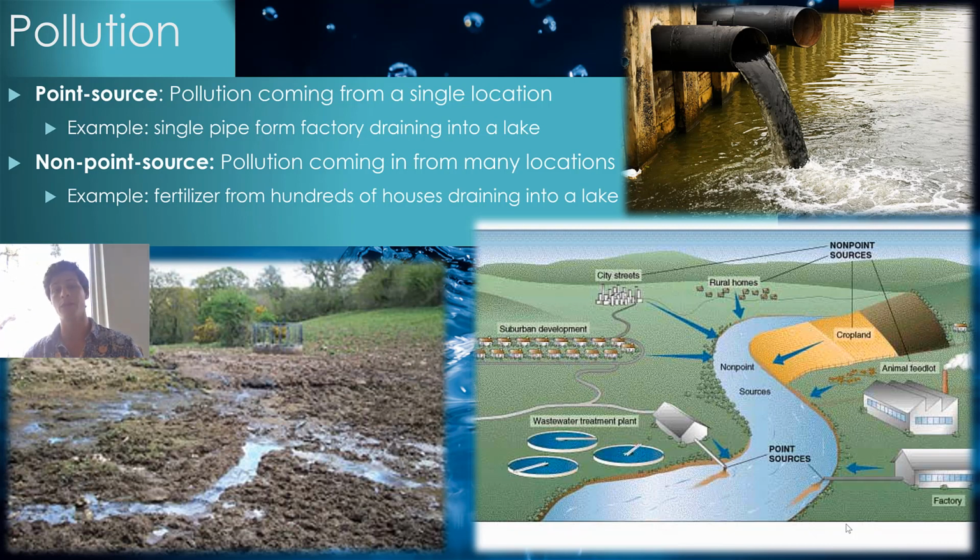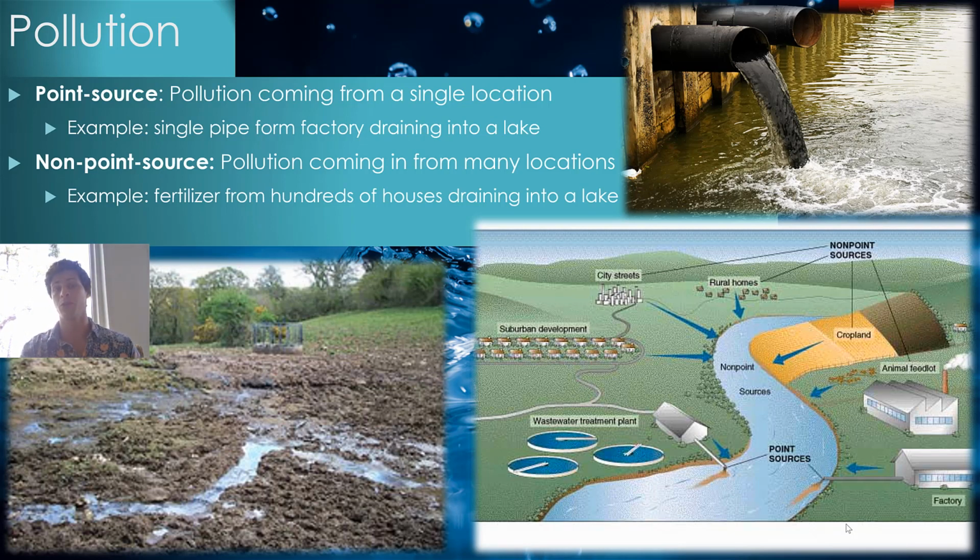When you think of non-point source pollution, think of right below me here, where we look at the different forms of fertilizer that come from hundreds of different houses draining into a lake. When fertilizer comes from a variety of different sources and it's very hard to pinpoint which one is a big offender, it is known as non-point source pollution, and it is much harder to monitor, control, and fix when there is a problem associated with it.